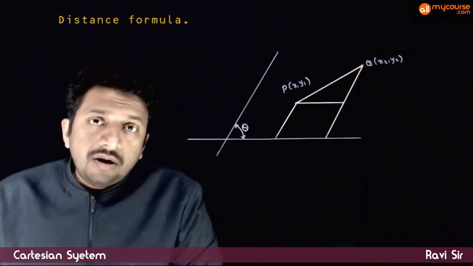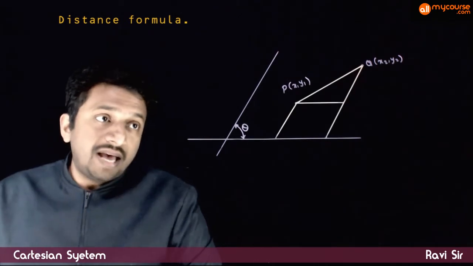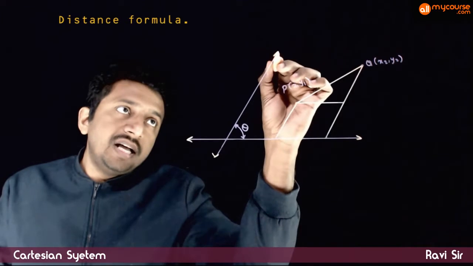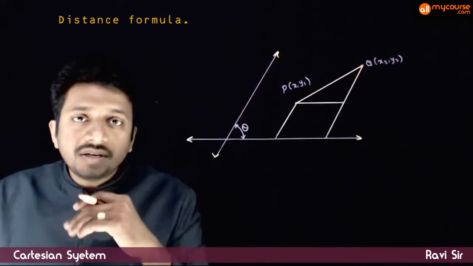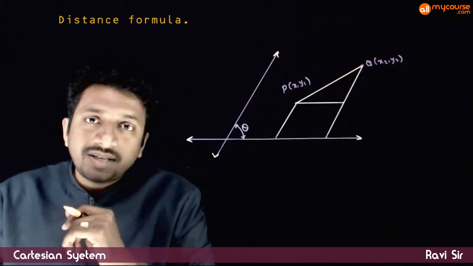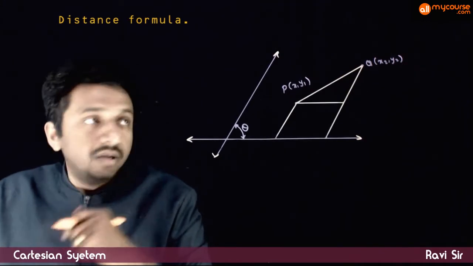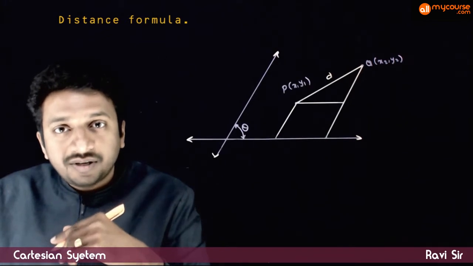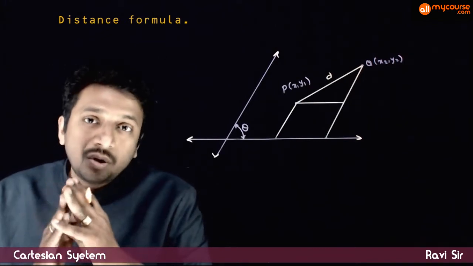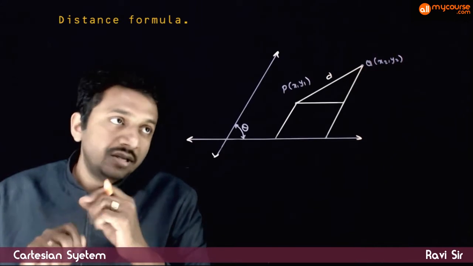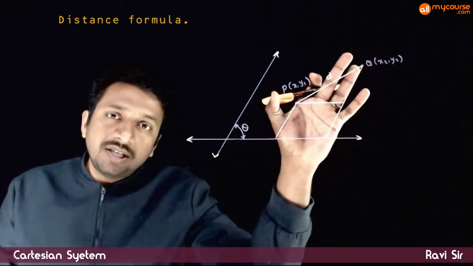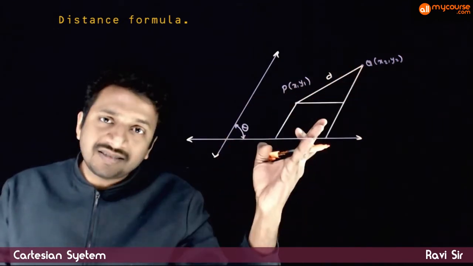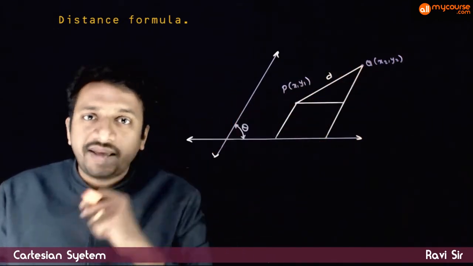So now instead of rectangular coordinate axis, if you have axis inclined at an angle of theta with each other, in this coordinate system if you are given 2 points x1 y1 and x2 y2, how do you find the distance between these 2 points? Again we use the same cosine rule for triangles. So as you can see, if you have 2 points P and Q, instead of drawing perpendiculars now, draw lines parallel to x-axis and y-axis.